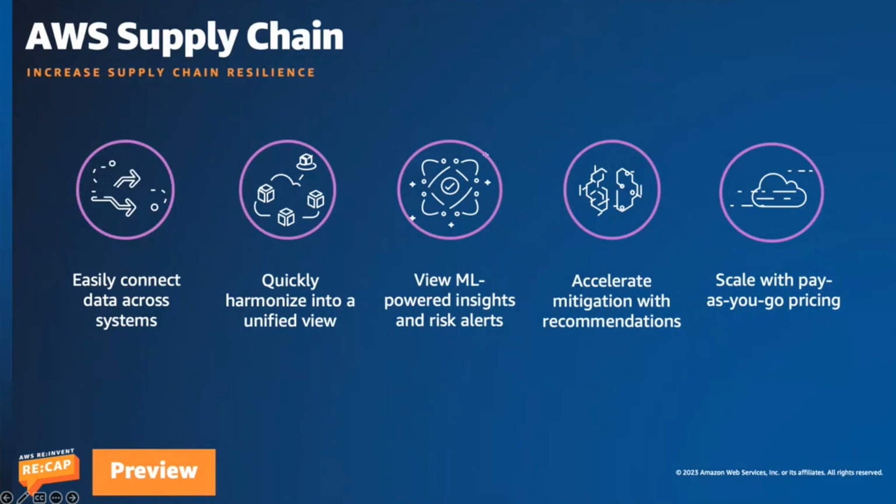Supply chain is another example of where customers are asking AWS to solve for complexity and remove constraints. For example, this is a cloud-based application that unifies data, provides machine learning powered insights, and offers built-in collaboration for allowing existing enterprise ERPs to integrate with supply chain management systems without requiring replatforming or additional licensing fees or long-term commitment.